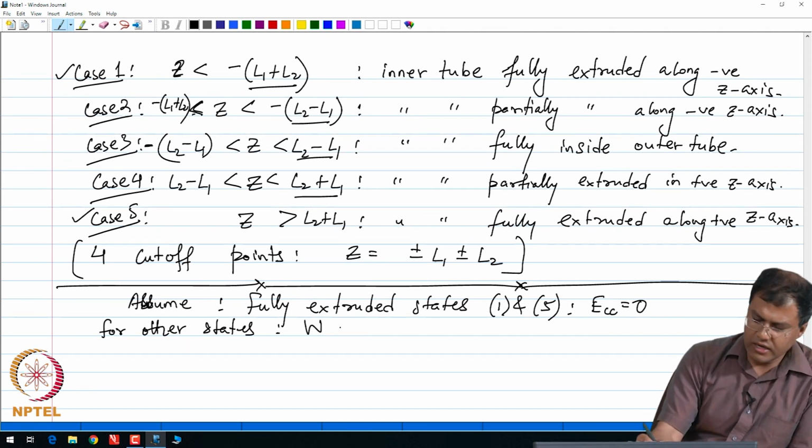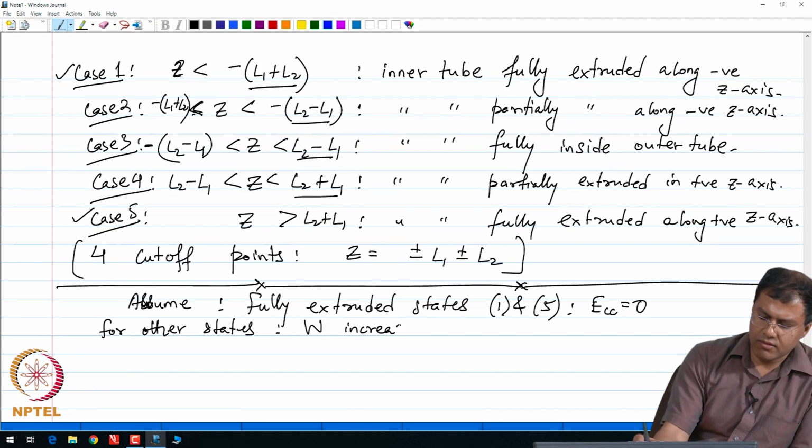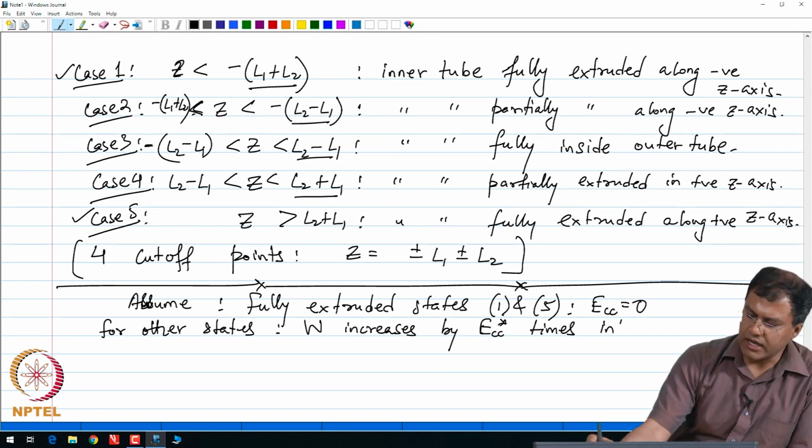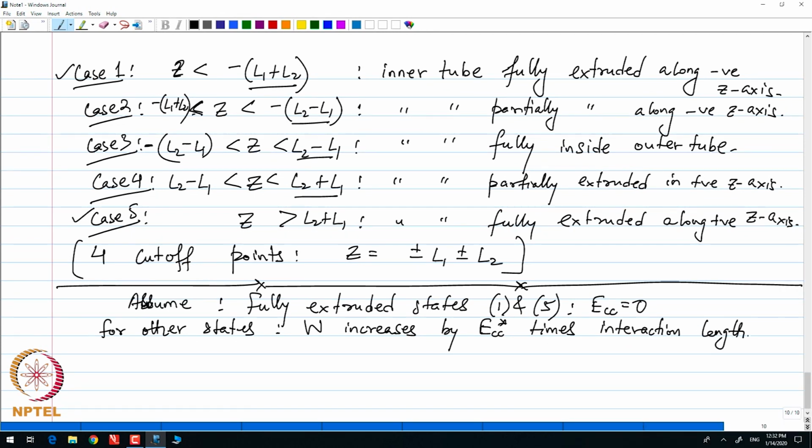For other states, W increases by ECC star times the interaction length. Okay. So, we have 3 more cases left. In case 2, W will be ECC star times L1 plus L2 plus z, right.